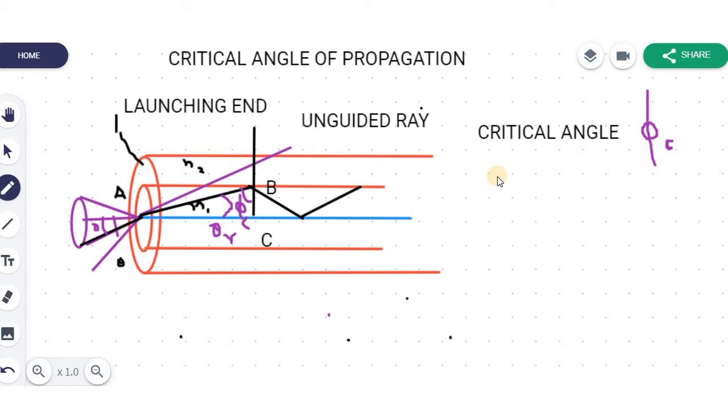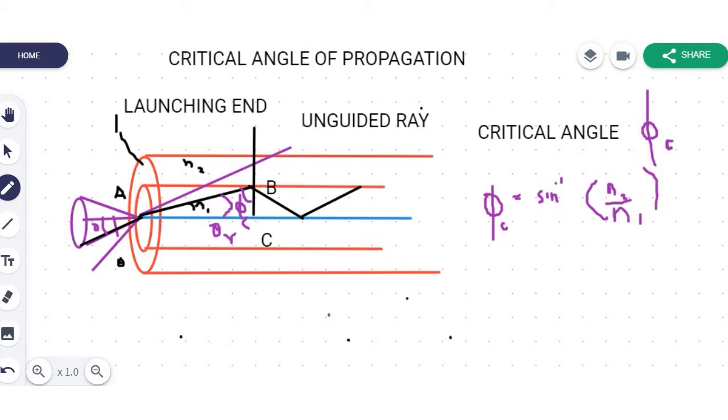We have discussed in the last video lesson that the critical angle phi C is equal to sine inverse N2 by N1.